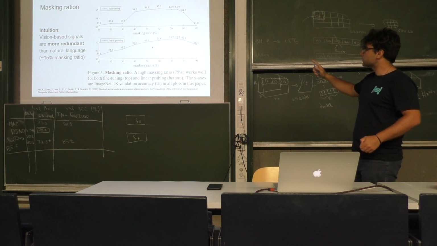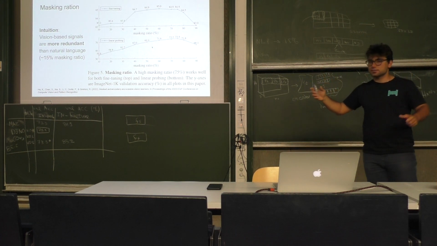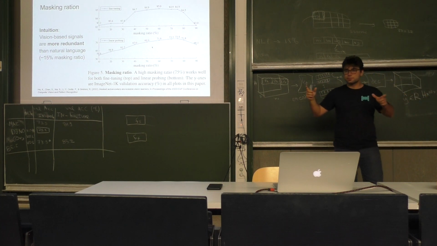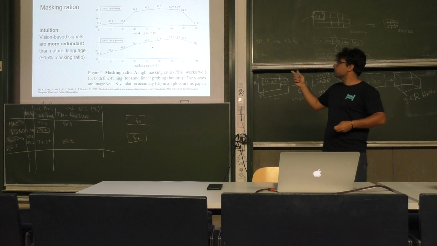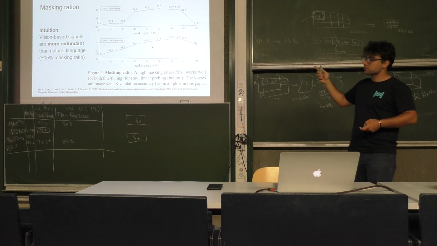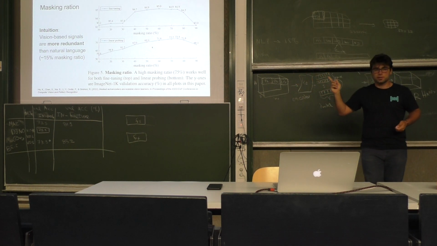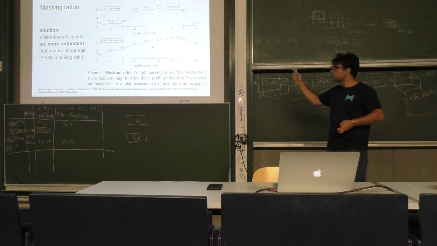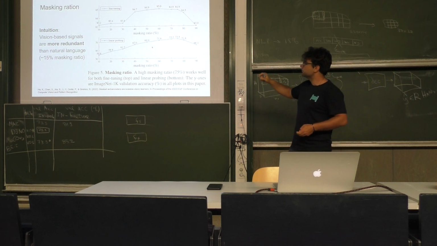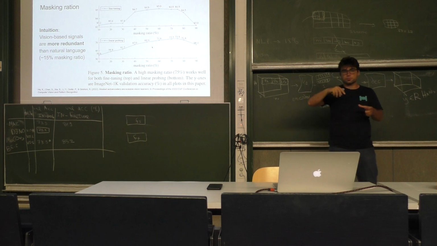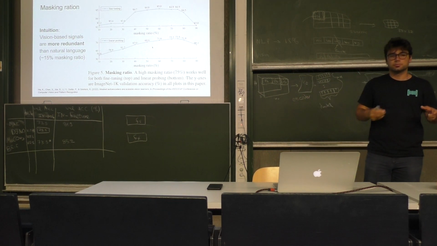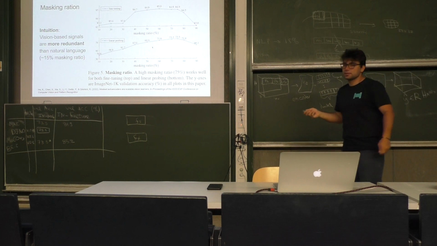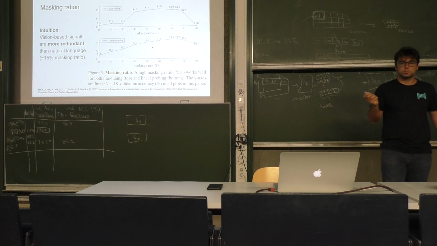And for those who like different application fields, I used to train some autoencoder vision transformers on microscope images, and we found out that this behavior is not the same when you have these populations of cells. You need a much smaller masking ratio, so the redundancy is smaller.